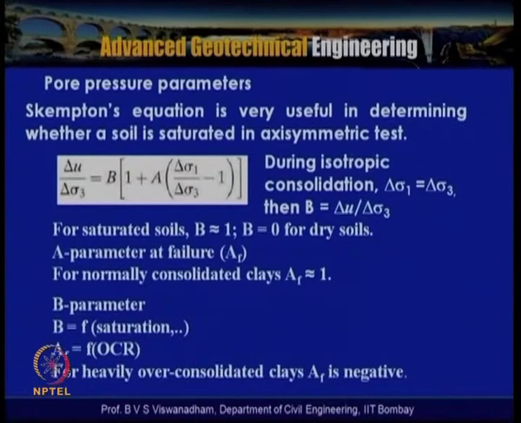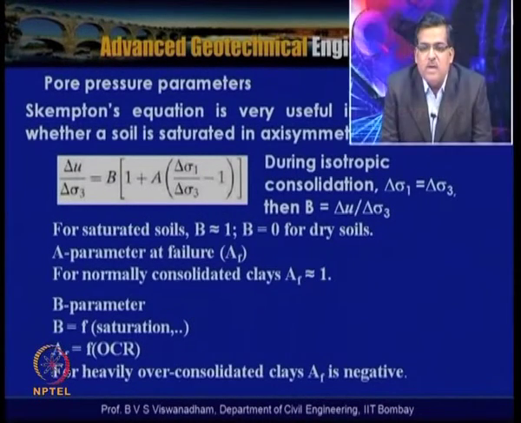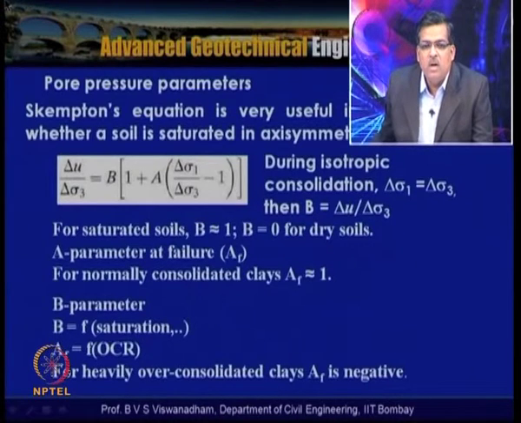Skempton's equation is very useful in determining whether the soil is saturated in an axisymmetric test. During isotropic condition, delta sigma 1 is equal to delta sigma 3. When you substitute in this, we get B is equal to delta u by delta sigma 3.